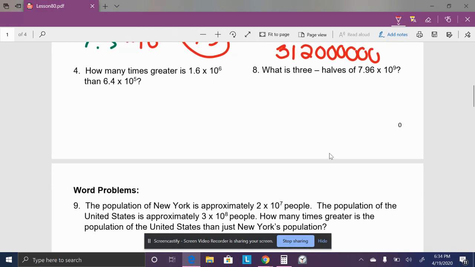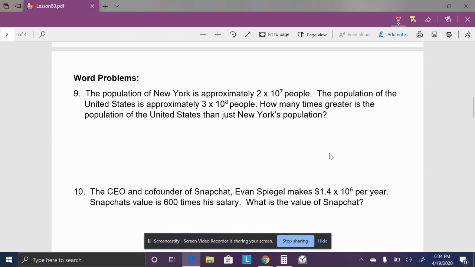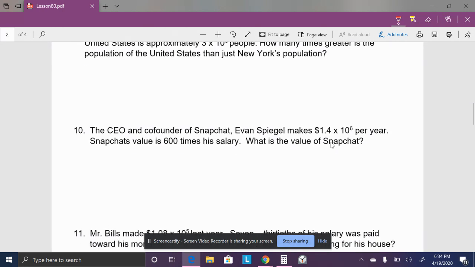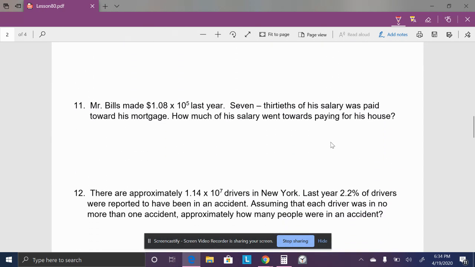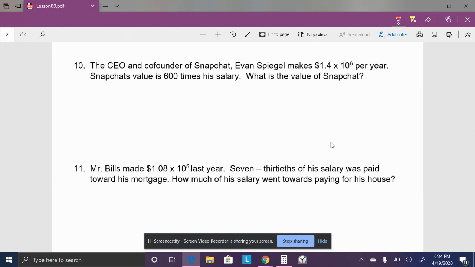All right, let's look at some other word problems. Let's look at this Snapchat one. The CEO and co-founder of Snapchat, Evan Spiegel, makes that much money per year.